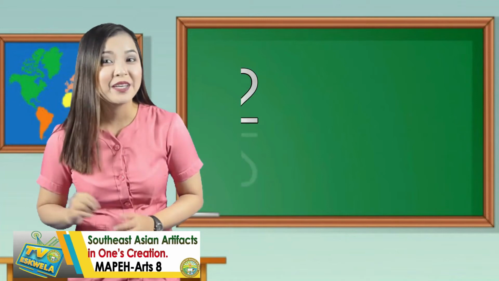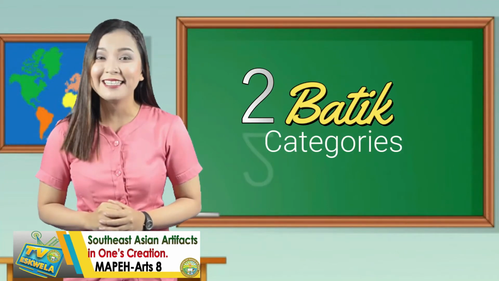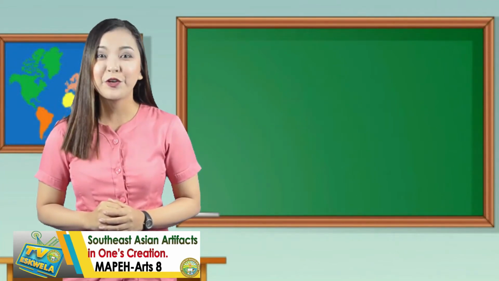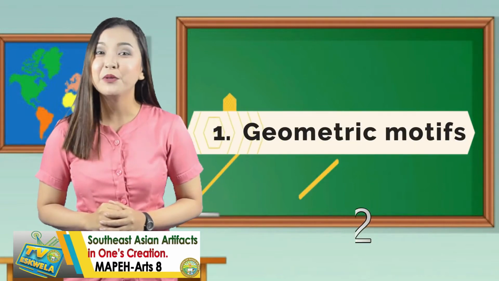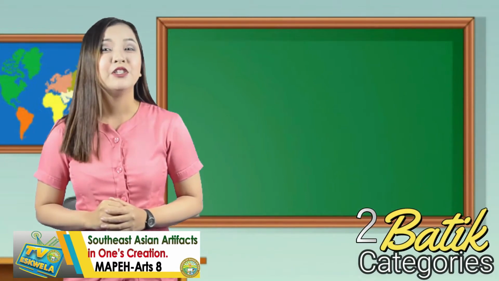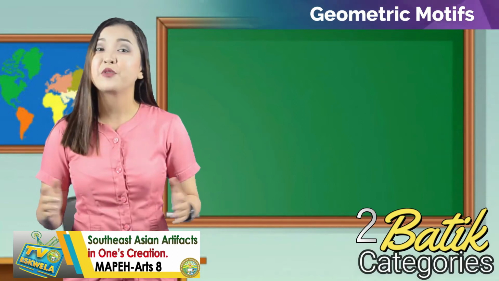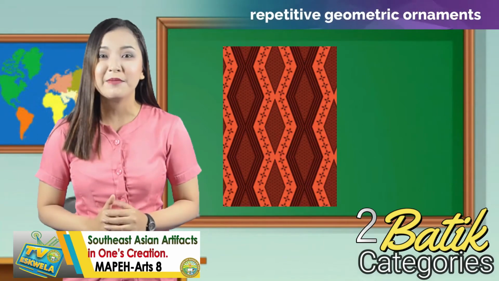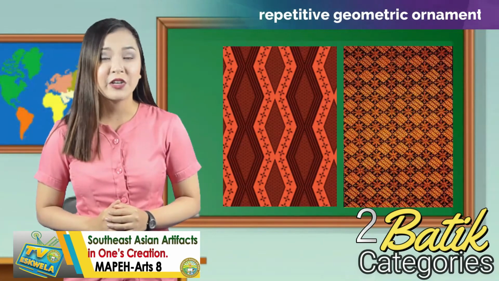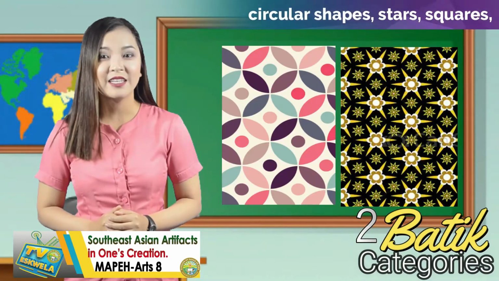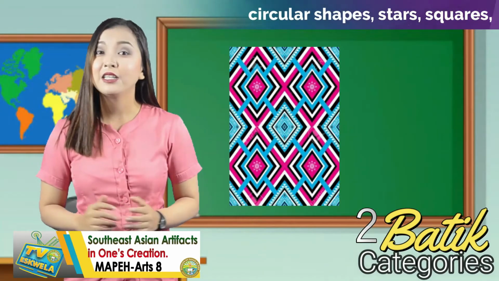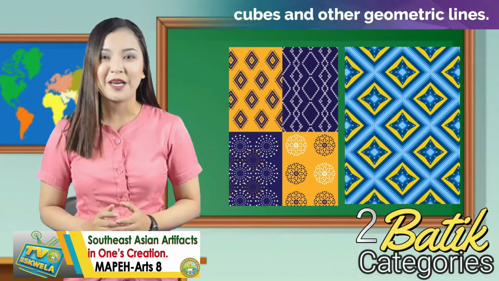There are two categories of batik designs. The first is geometric motifs. Geometric motifs have repetitive geometric ornaments based on circular shapes, stars, squares, cubes, and other geometric lines.